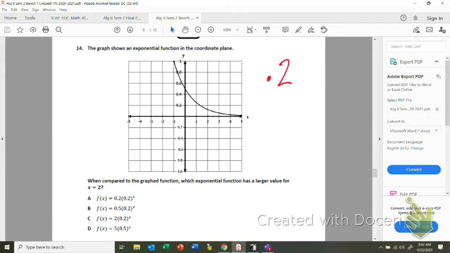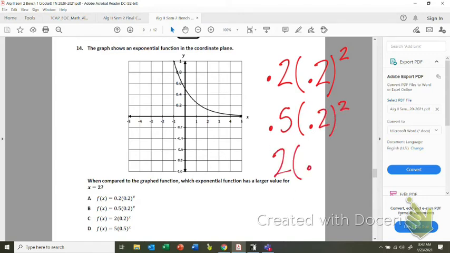You're plugging in 2 for every little x you see. What do you get for A? 0.008.